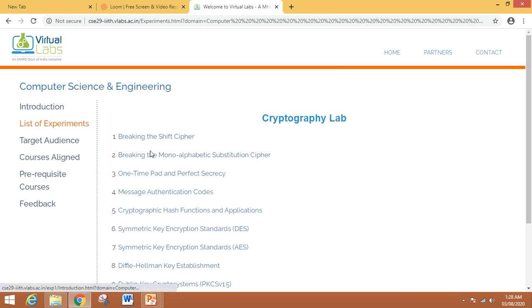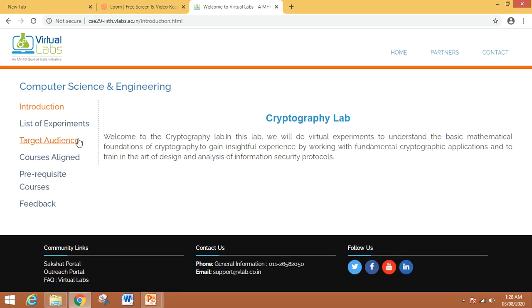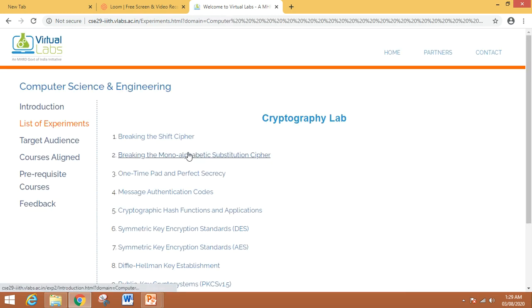These are the two labs we want to perform. If I click here, I get the theory, introduction, objectives, manual, and experiment. We need to read this entire article and perform it. The other one is breaking the monoalphabetic cipher. These are the two experiments for the cryptanalysis part.